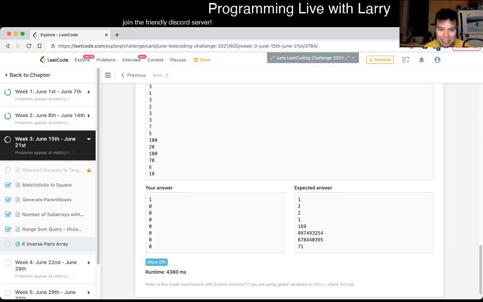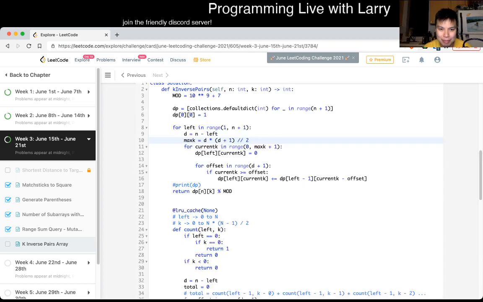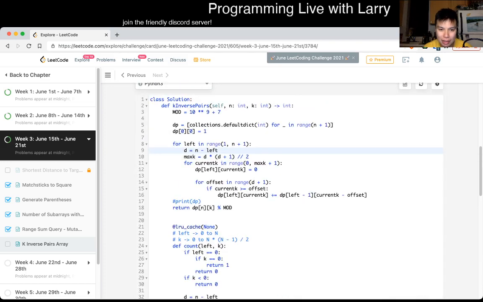Why? D is equal to N times left, so for left equal to 1, well, now this is a little bit awkward then. I don't know how to get this bound, but in any case, if my original analysis was right, this would have been the way to go.